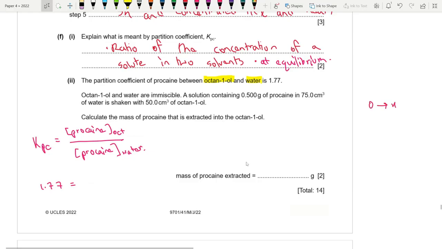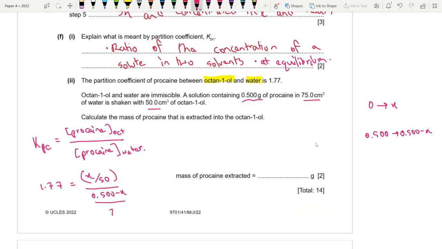So from 0 it will turn into x. So that's x divided by 50 cm cube of octane 1-ol. On the other hand, in water we had 0.500. Now it will turn into 0.500 minus x. Some will be deducted from it. So 0.500 minus x divided by how many cm cube? 75 cm cube of water. So that's the working. Okay, do you guys get it?